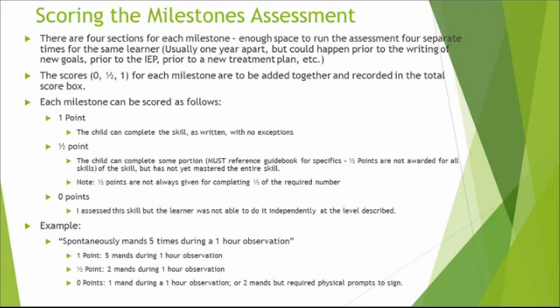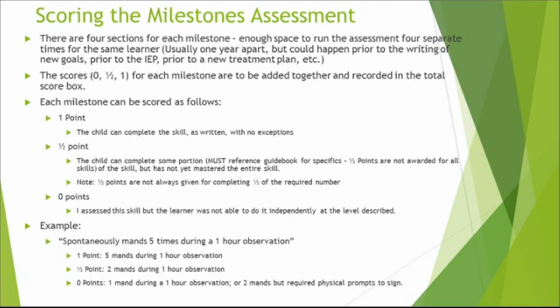You might do it if you need to write new goals. It might be a good time to run the assessment when the IEP is coming up, or when you're creating a new treatment plan. Things like that are all good times to run the assessment so you can see progress and where your learner is.